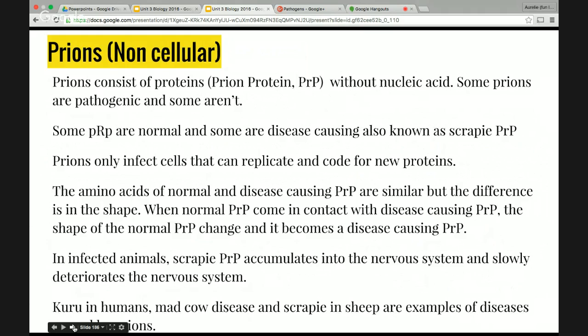In infected animals, scrapie PrP accumulates in the nervous system and slowly deteriorates it. Examples of diseases caused by prions are Kuru in humans, mad cow disease, and scrapie in sheep.